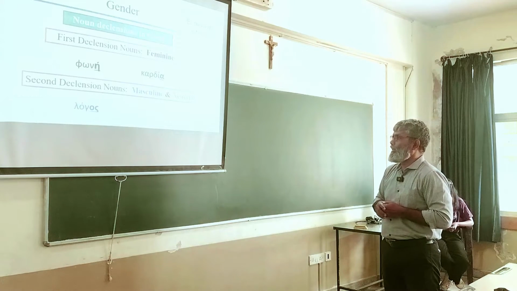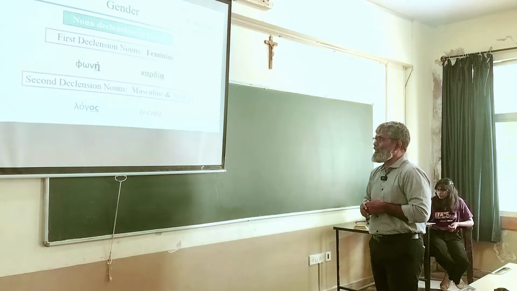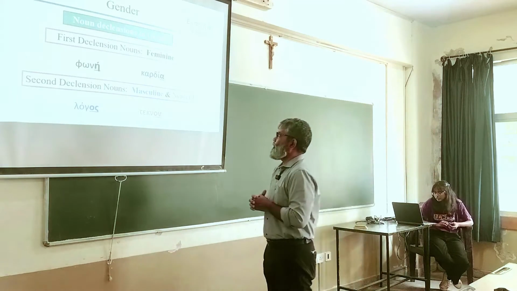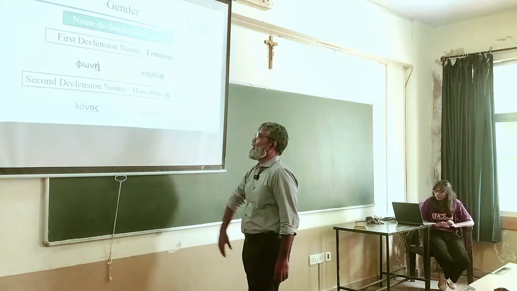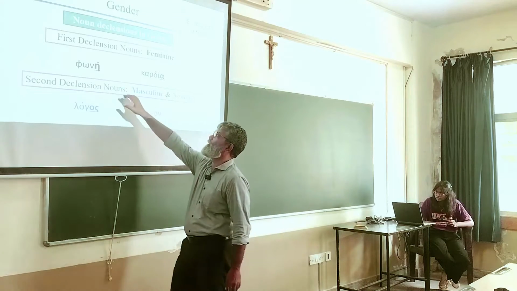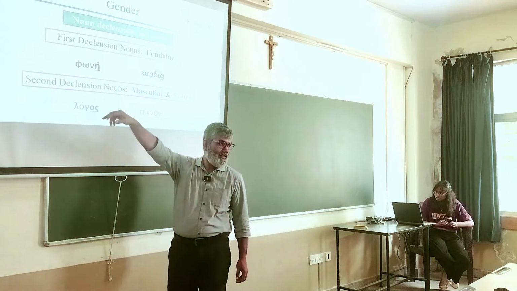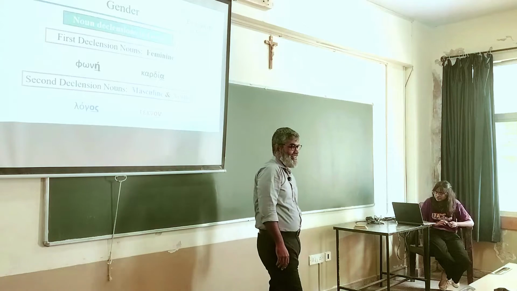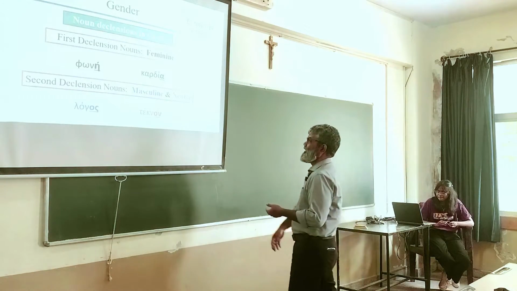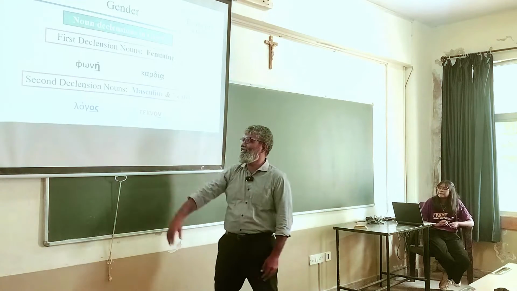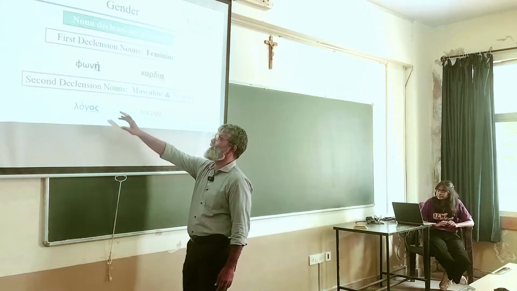Second declension, gender. We all know feminine gender, phony, cardia. Mostly feminine gender nouns end with, what alphabet is this? Good, eta. This is obviously alpha. Okay, what alphabet is this?